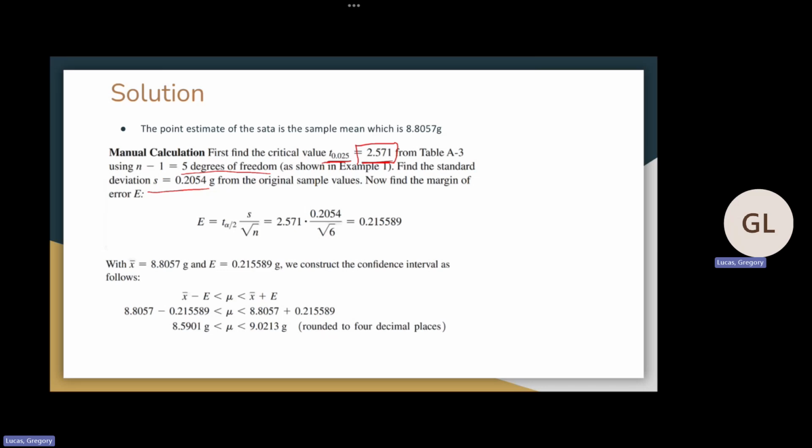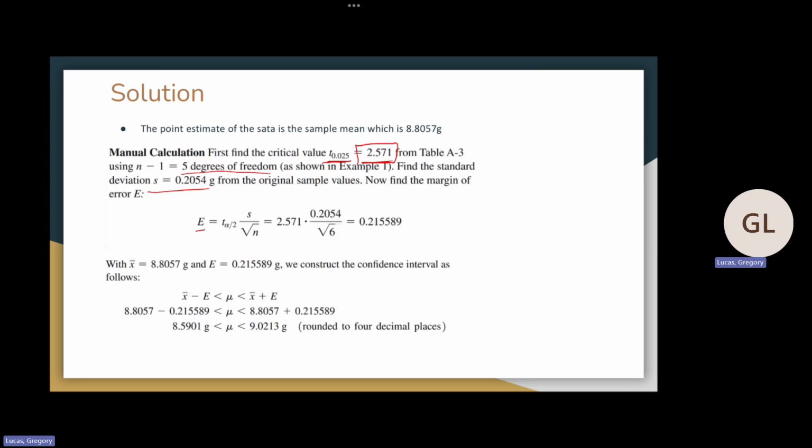Okay, so now that we know this critical value and our degrees of freedom, we can find the standard deviation. I don't want to spend time finding that standard deviation, so I'd recommend just using a piece of technology. We could use SPSS to find that value of S, or any standard deviation calculator, or use our graphing calculators to find that value.